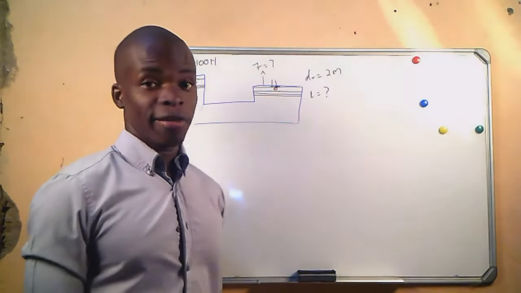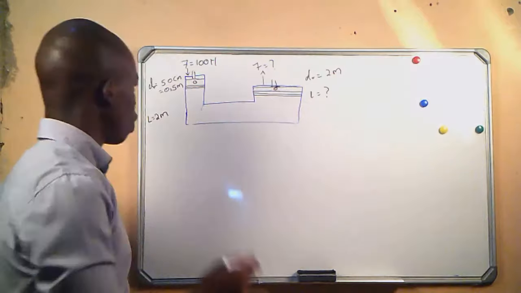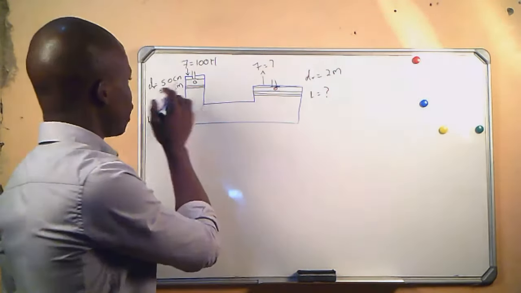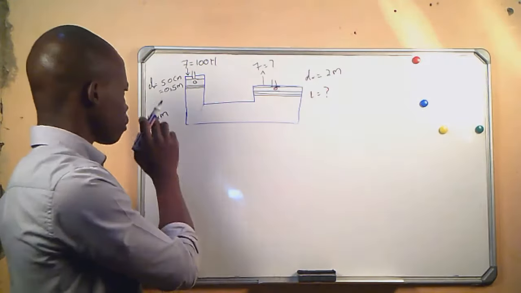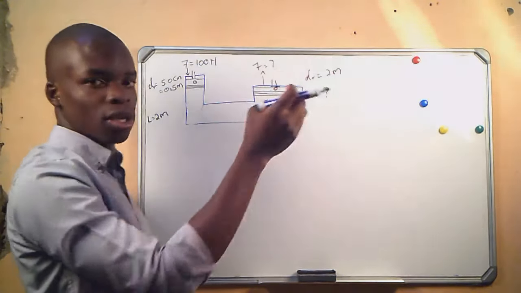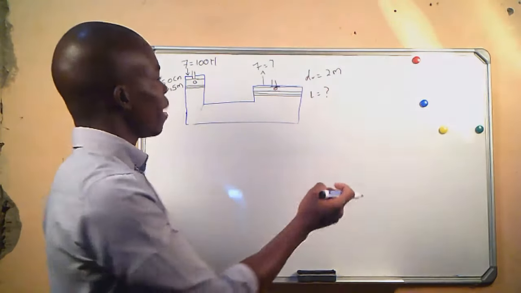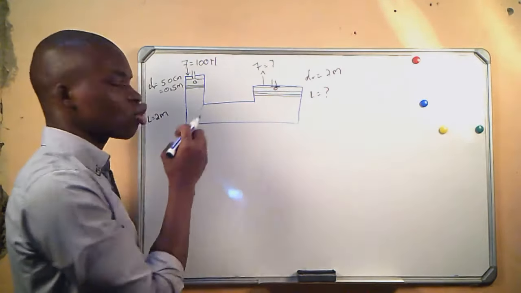So this is the information that we are given. We are given the diameter of the plunger. We are also given the force that was exerted on the plunger. We are also given the stroke length.